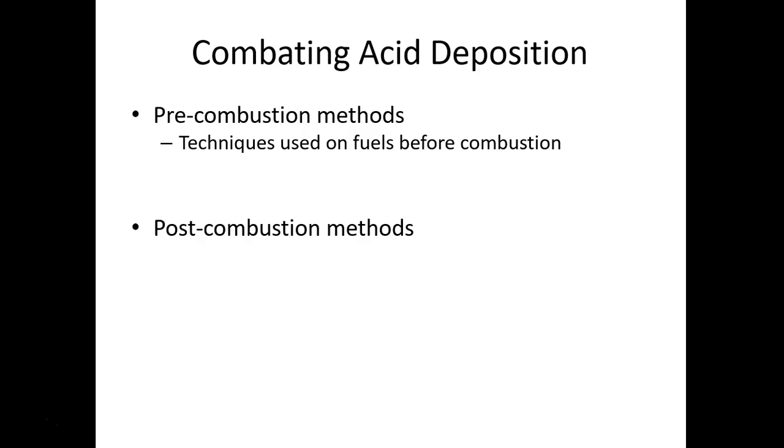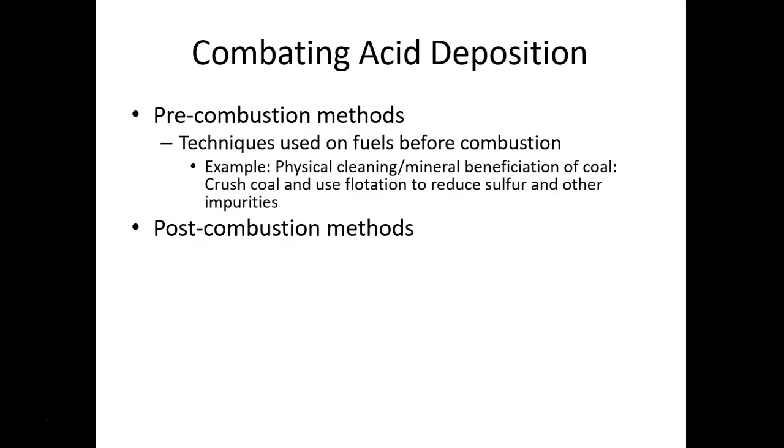So again, we would just be using some of these techniques on fuels before we combust them. An example of this is the physical cleaning or mineral beneficiation of coal. So basically what they do is they crush coal and then they use flotation to be able to remove some of the impurities. And so they're just cleaning the coal before it's actually combusted.